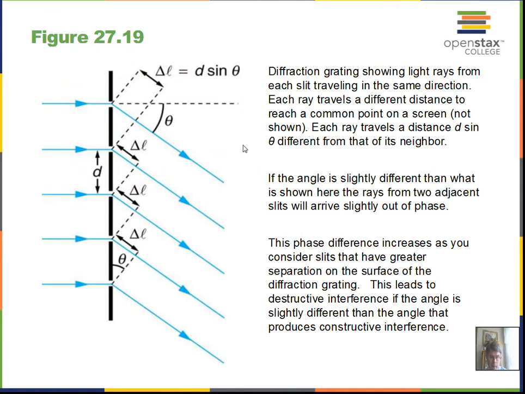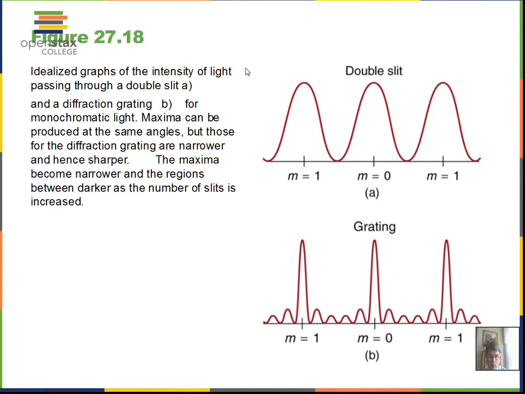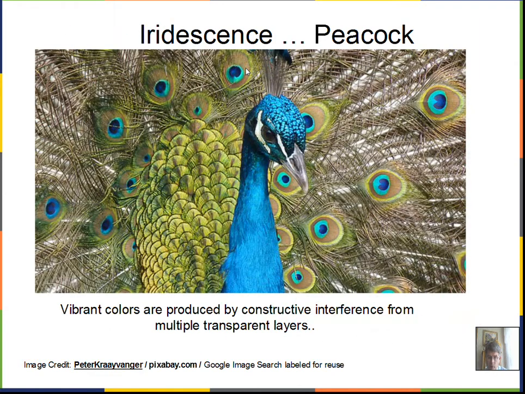If m is 3 or 4, and we divide by this small number d, the spacing between the slits, we can get a situation of bigger than 1 on the left, and we can't take the inverse sine of that. So it is very common to just have first order and second order visible for the diffraction gratings.